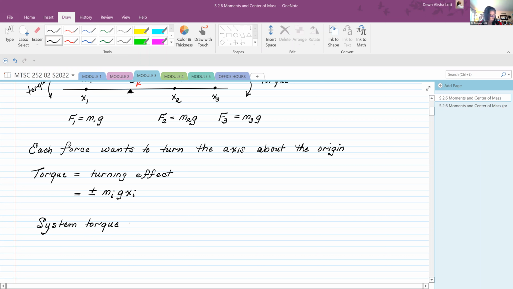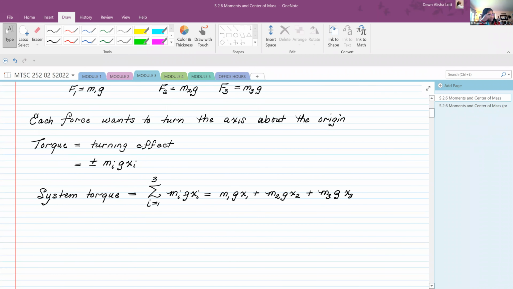All right, so the system torque, we compute that by summing them all up. That's the sum, i equals 1, and in this case, we have 3 of our mi g times xi. So we're going to get m1 g x1 plus m2 g x2 plus m3 g x3.